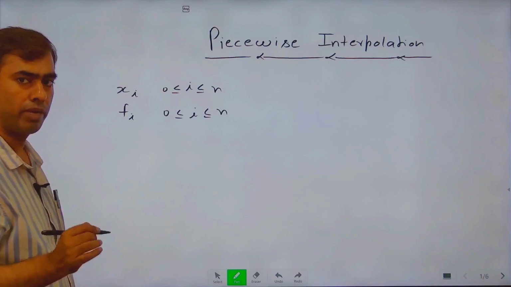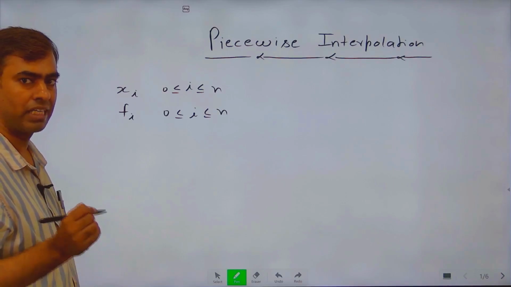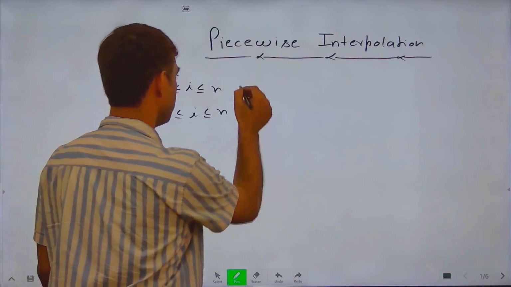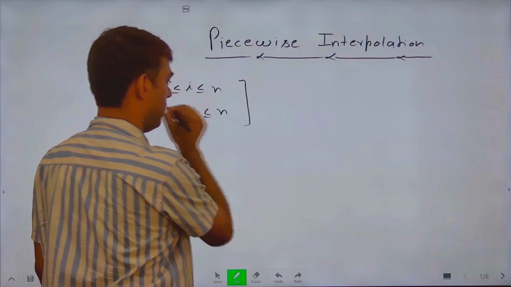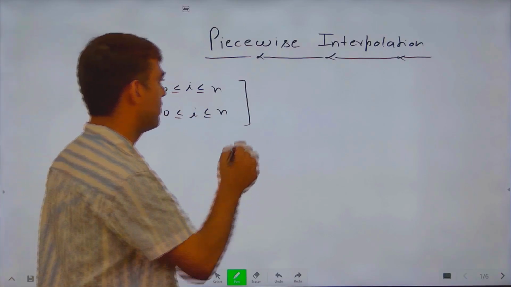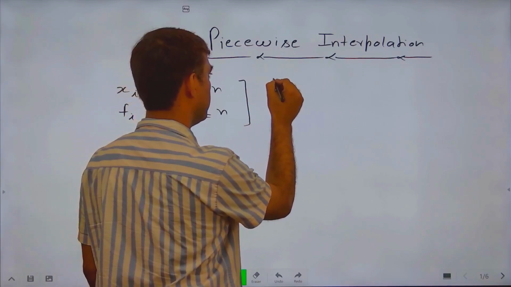This means we have n plus 1 nodal points and the corresponding values of the function.